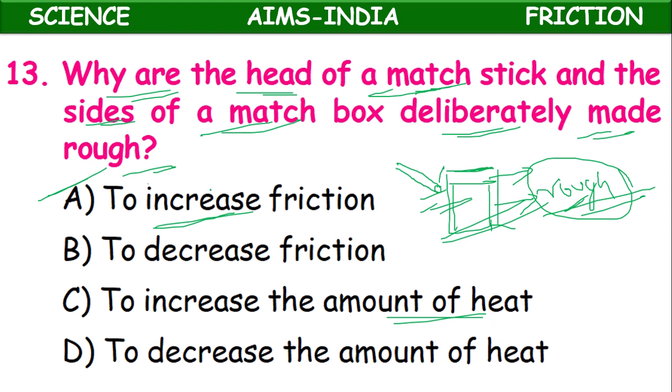It also depends on other factors. So the direct answer is to increase the friction. Indirectly, because of more friction, more heat may be developed, but that is the indirect answer. So the direct answer is to increase the friction.